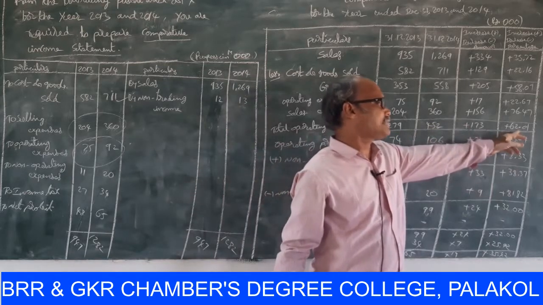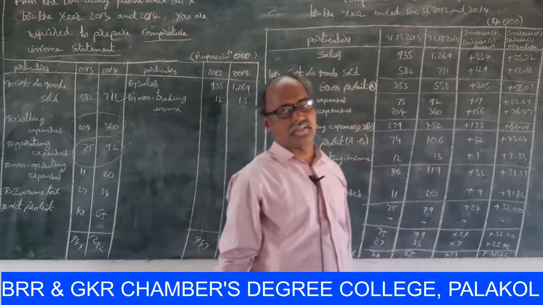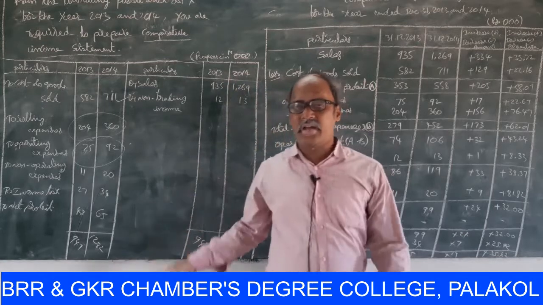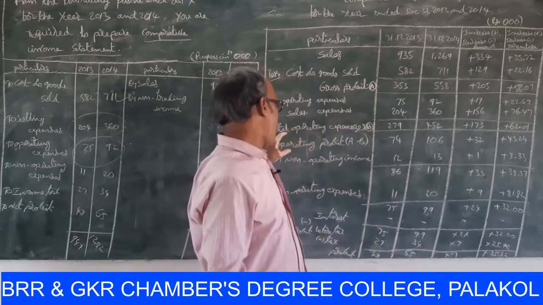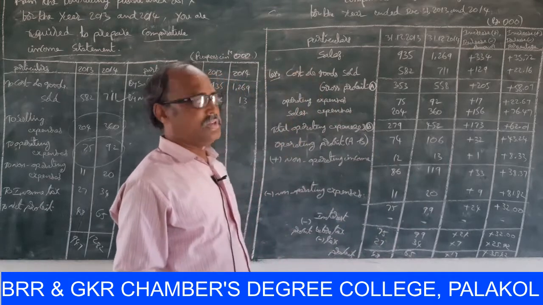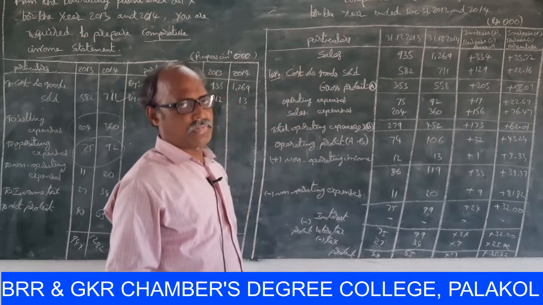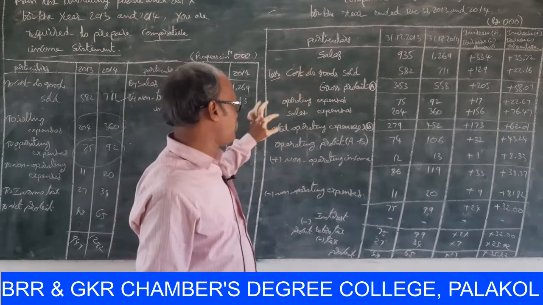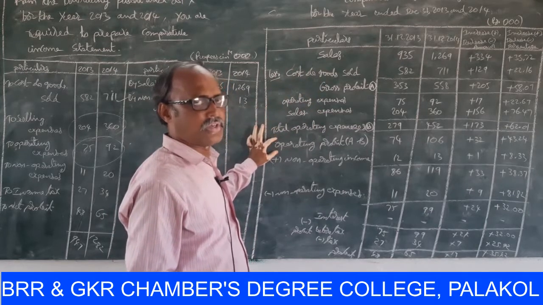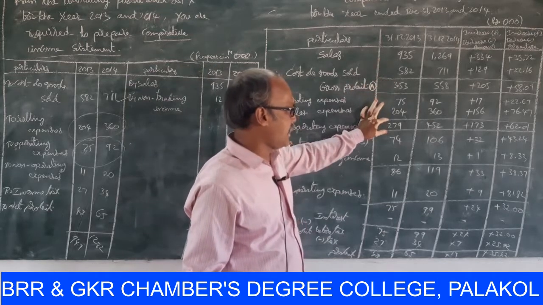Then the operating expenses are increased by plus 62.01%. There is no operating income. That's why these operating expenses are directly deducted from the gross profit. So gross profit minus operating expenses, then we find the operating profit. That is 353 minus 279, 74.